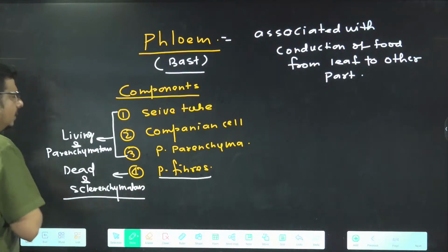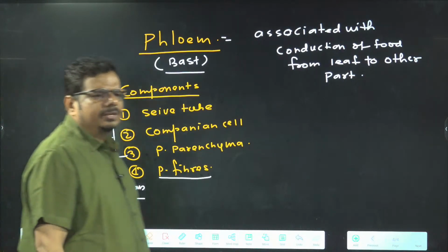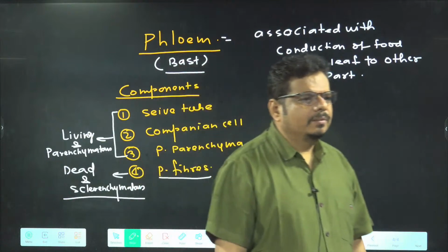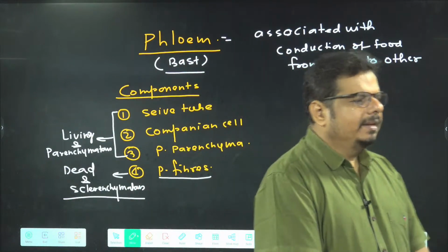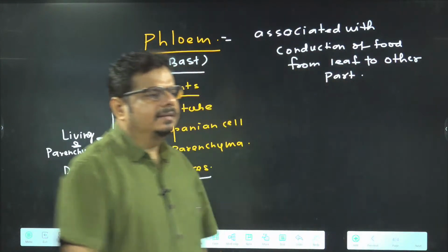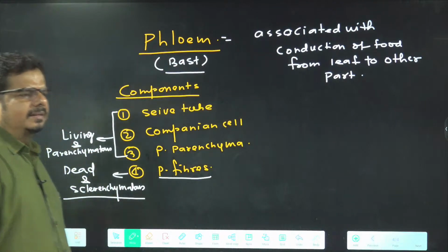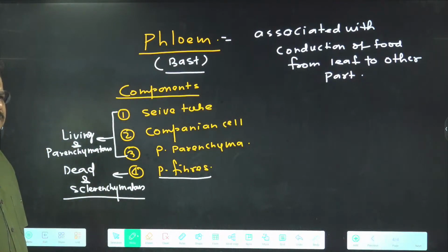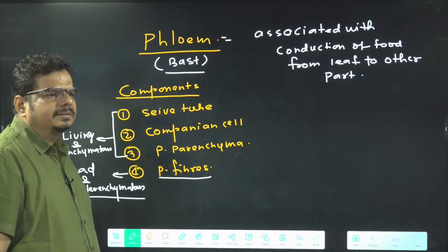Is it clear? So these are the simple tissues involved in the formation of phloem, that is parenchyma and sclerenchyma. Is it all right? Can we move ahead?